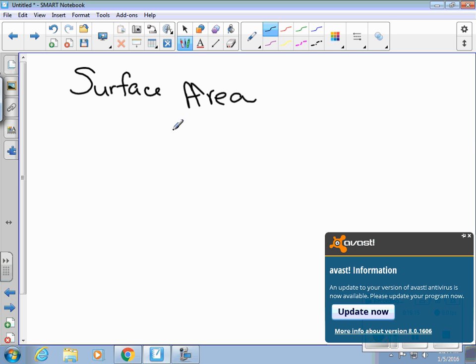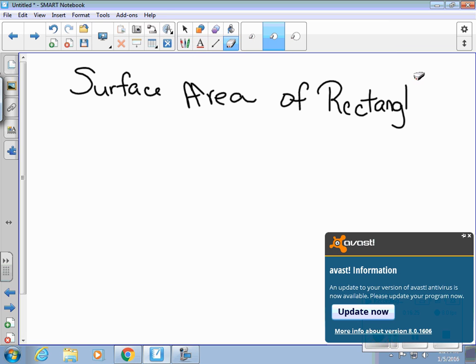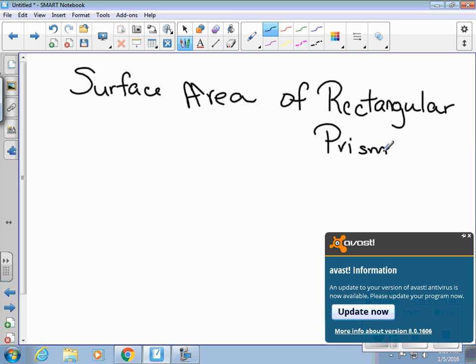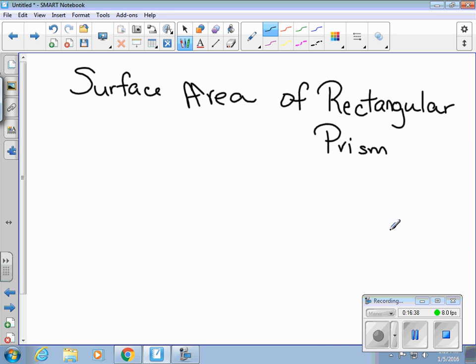Now, here's your formula for surface area of a rectangular prism. Oh, I forgot my U. And remember, my rectangular prism looked like that thing we drew a minute ago.